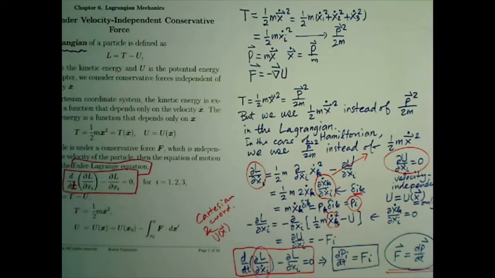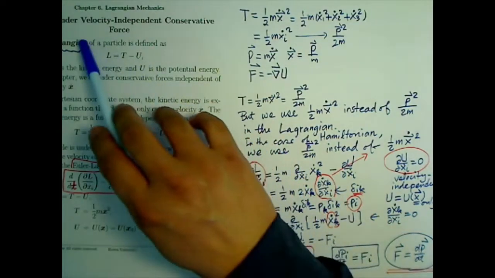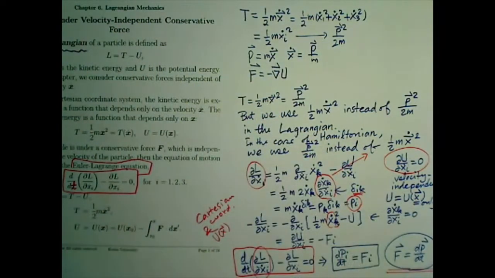Let us look into some partial derivatives of the Lagrangian. The Lagrangian is the difference of kinetic energy and potential energy. Kinetic energy is 1/2 m xk dot squared minus U. And if we take the partial derivative with respect to xi dot, that is the velocity, we know that we are considering a velocity-independent conservative force.